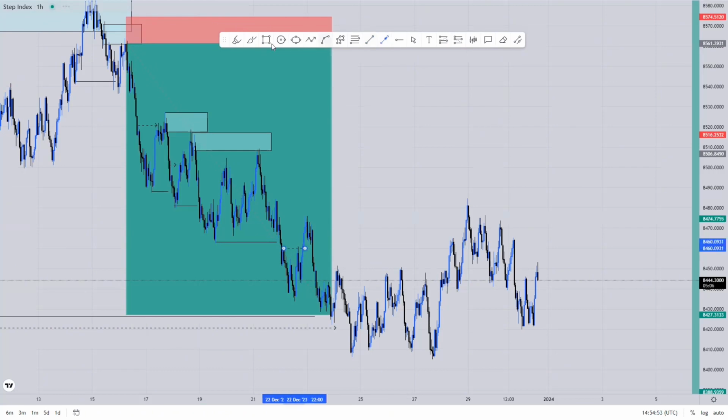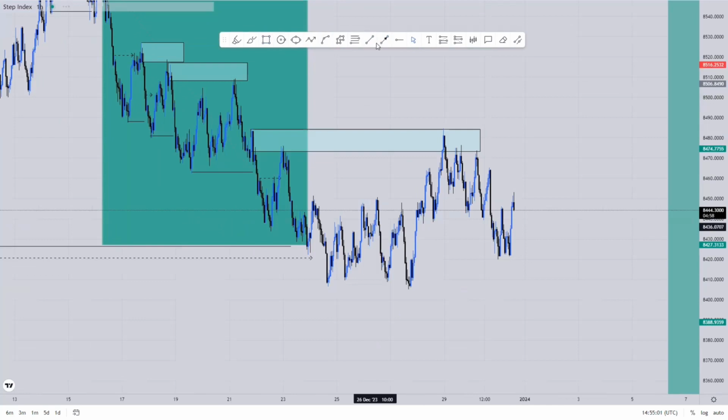They collected the adjustment, tapped into the supply. Then they dropped, which was just a breakout structure like this.